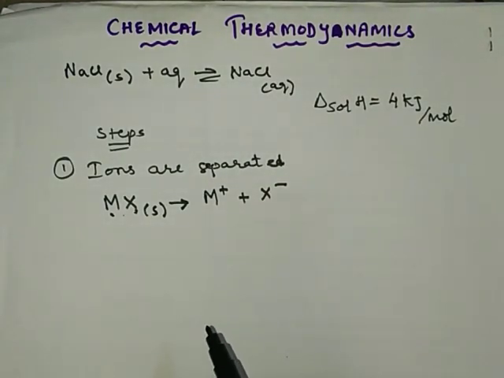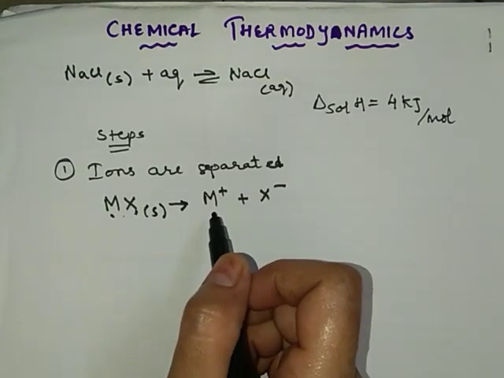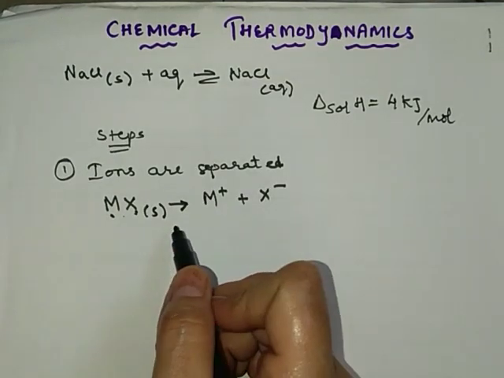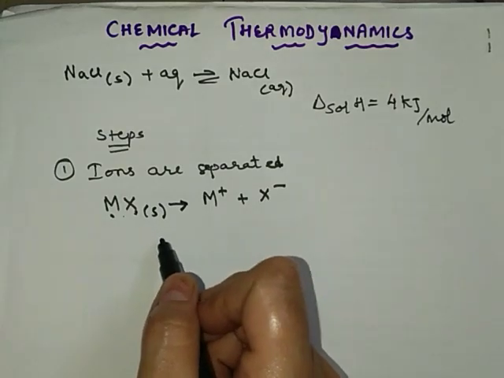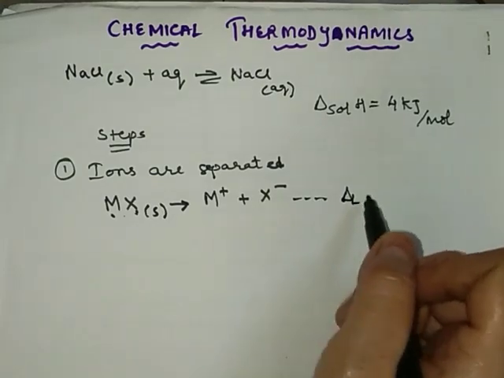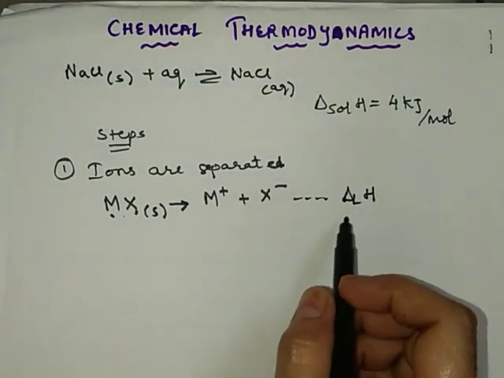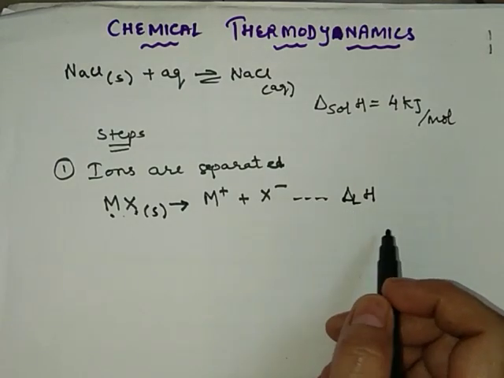Now the enthalpy change for this particular reaction is always positive, and this is called the crystal lattice enthalpy. The enthalpy change for this step is called crystal lattice enthalpy, and it will be denoted as delta LH.